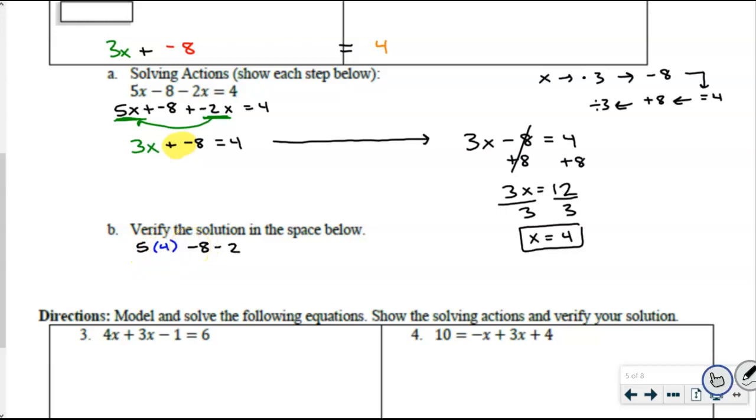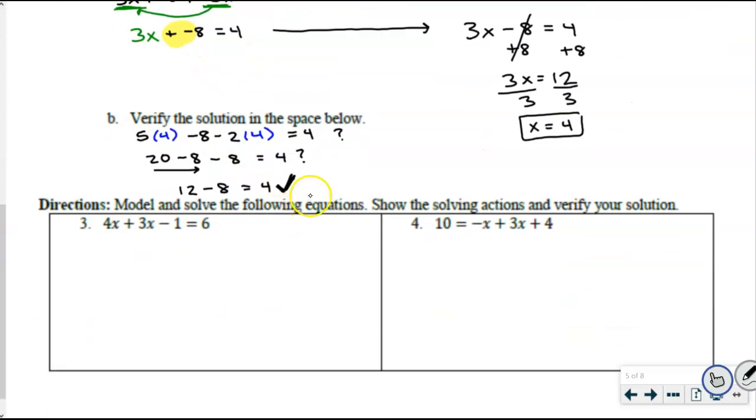Minus 8 minus 2 times x becomes minus 2 times 4. If I've done everything right, it should be equal to 4. So I'm asking, is it equal to 4? You have calculators, but let's go slow. 5 times 4, 20. Minus 8 minus 2 times 4, 8. I'm just taking care of the multiplication as part of the order of operations. 20 minus 8 is 12. And 12 minus 8, is 12 minus 8 equal to 4? Yeah, it checks out. So we verified our solution.